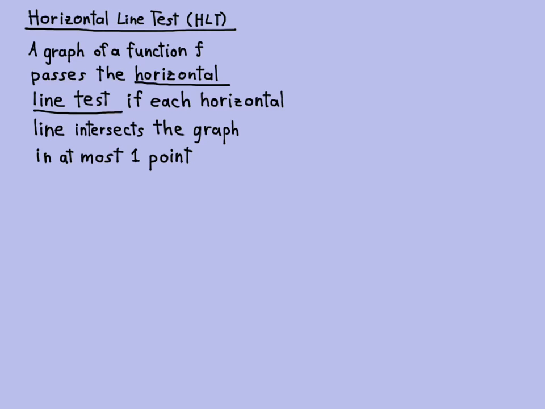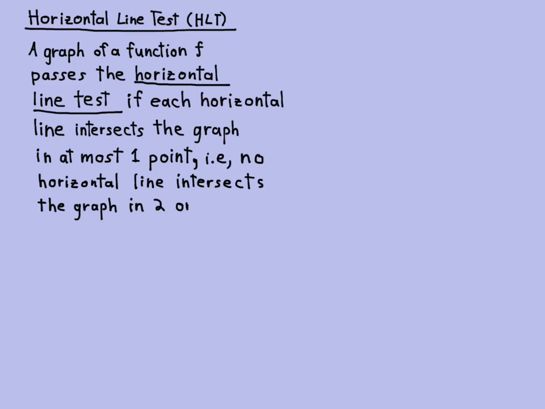So it can miss the graph entirely, or it could intersect it in one point, but there can't be any line that intersects the graph in two or more points for the graph to pass the horizontal line test. Okay? So i.e., no horizontal line intersects the graph in two or more points.